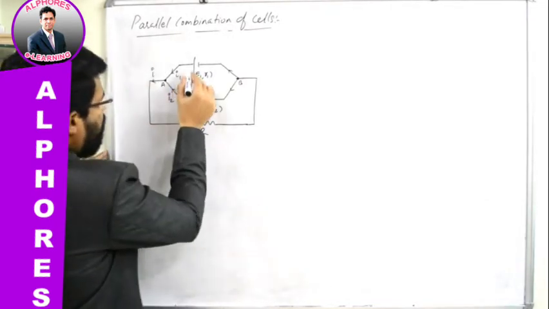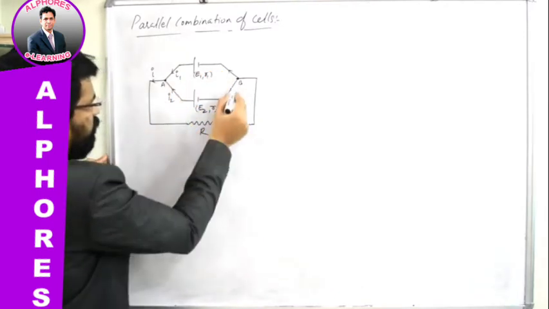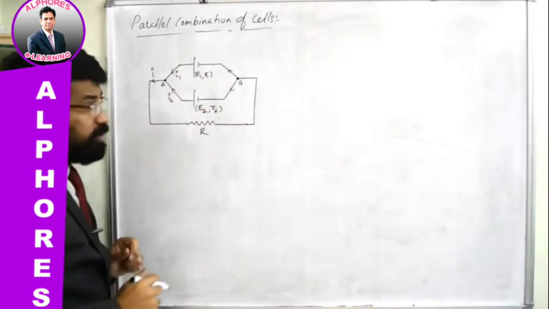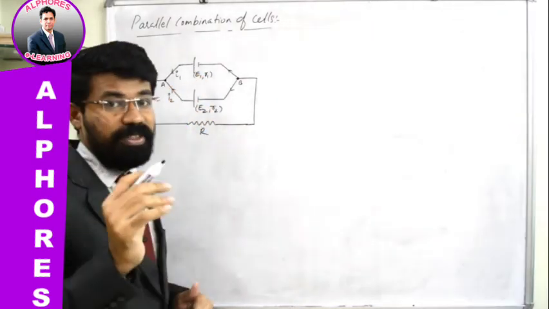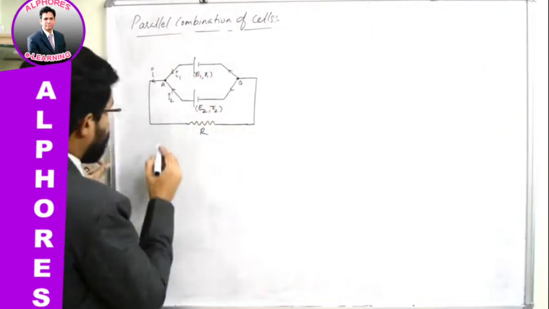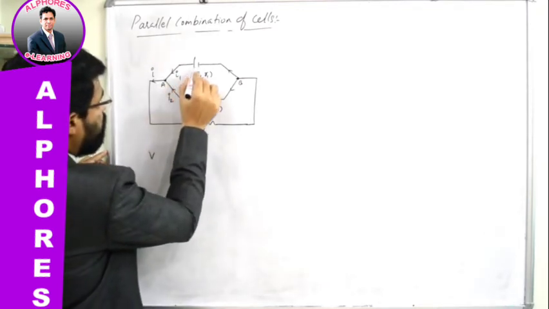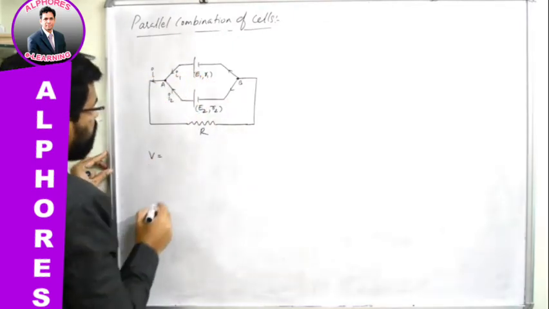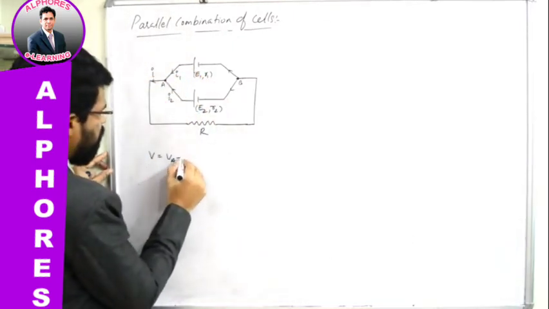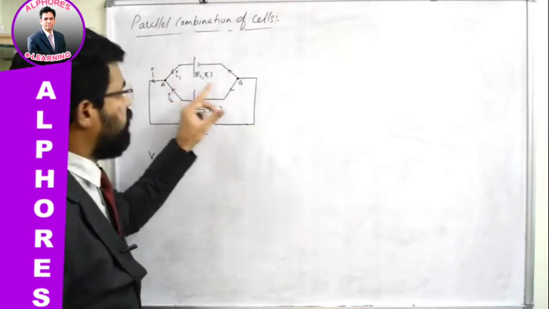So when current is flowing through the circuit, particularly through this branch, whatever potential difference exists across these two electrodes of the cell is called the terminal potential difference, isn't it? I'll take the terminal potential difference as V. Terminal potential difference across the electrodes of this first cell, V, can be written as VA minus VB, that's nothing but the potential difference between these two points, A and B.